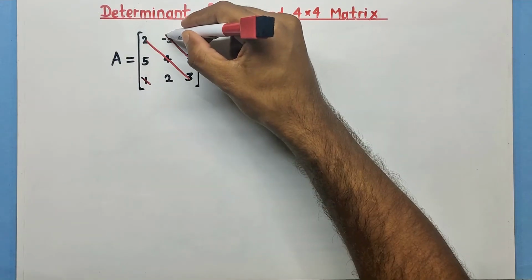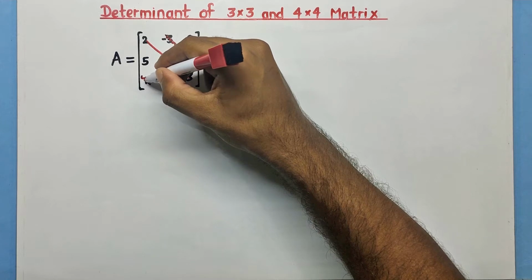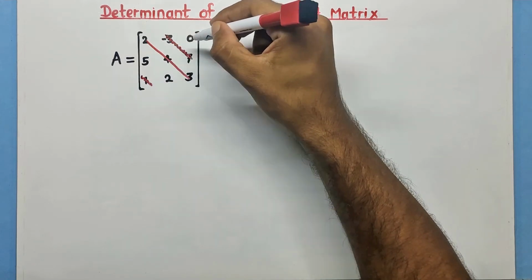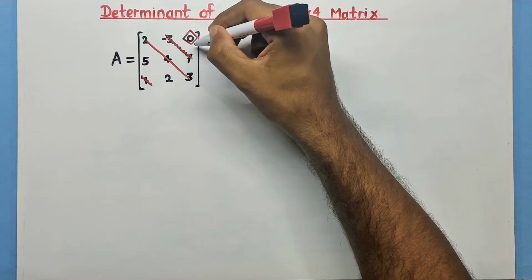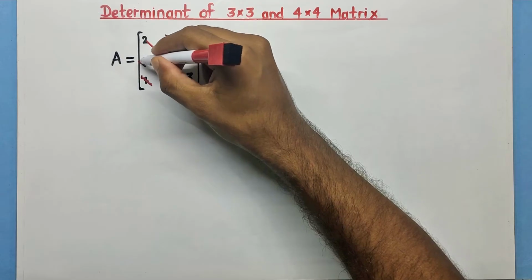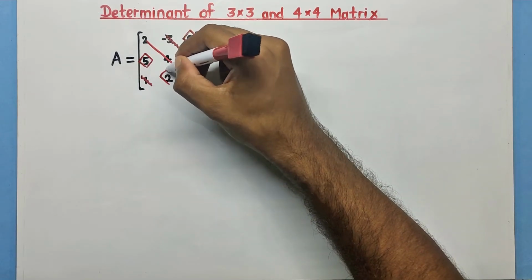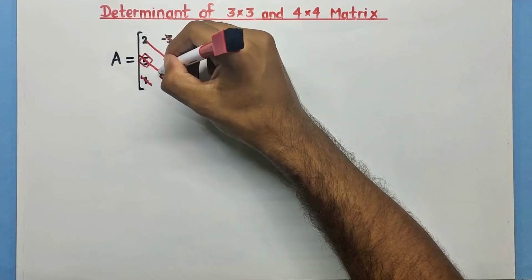Let me sketch this diagonal in a different way. So this will be our second diagonal, and this will be the third element of the second diagonal. And our third diagonal will have the element 0, and to get the second and third element, you have to come all the way to this 5 and this 2. So this will be our third diagonal, 0, then 5, then 2.